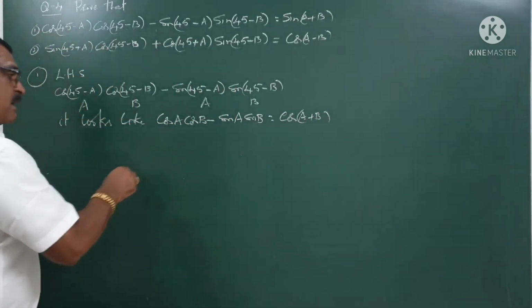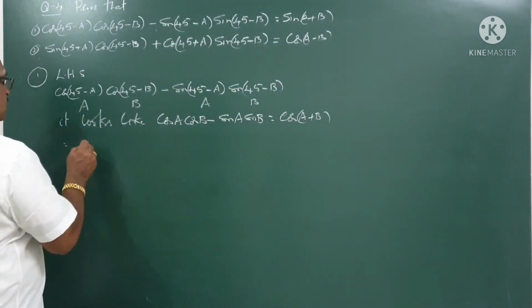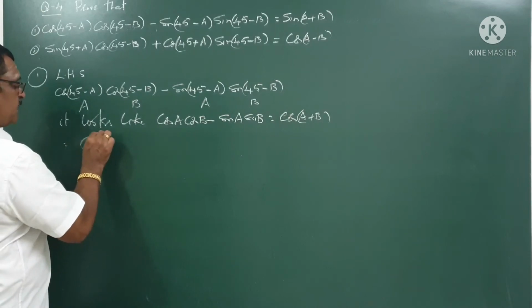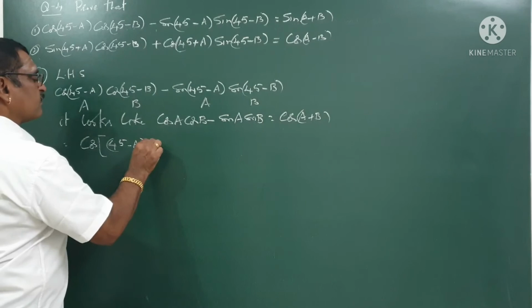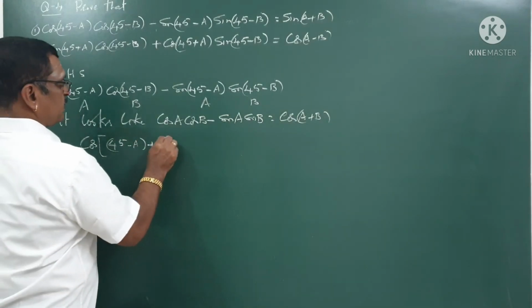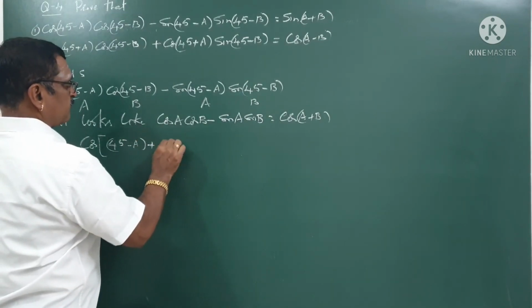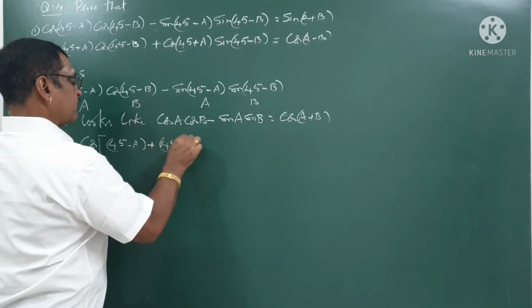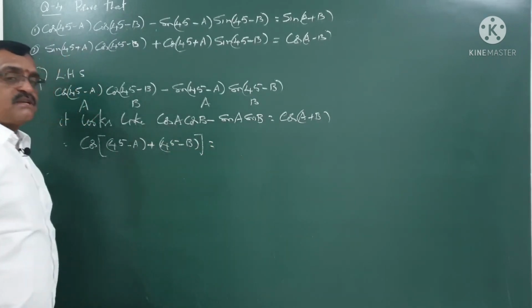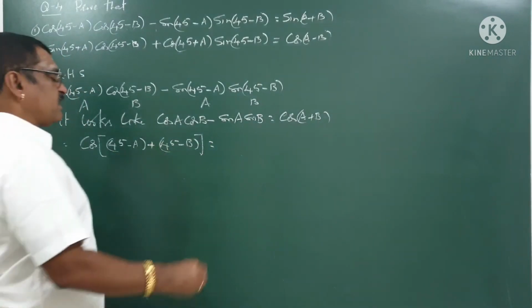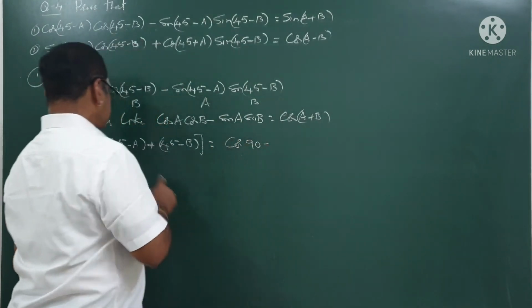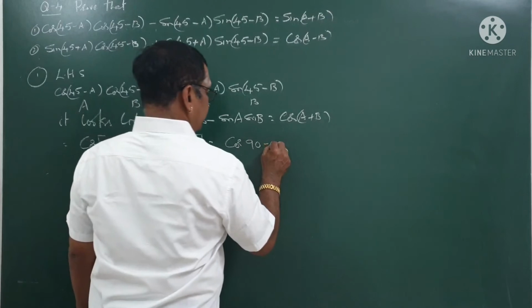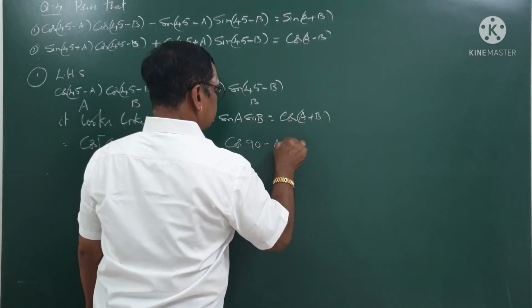Now apply this identity. We get cos of a is nothing but 45 minus a and b is nothing but 45 minus b. Bring the numericals together, 45 plus 45 is 90, so you have cos of 90 degrees minus a minus b, bring minus common, you have plus b.